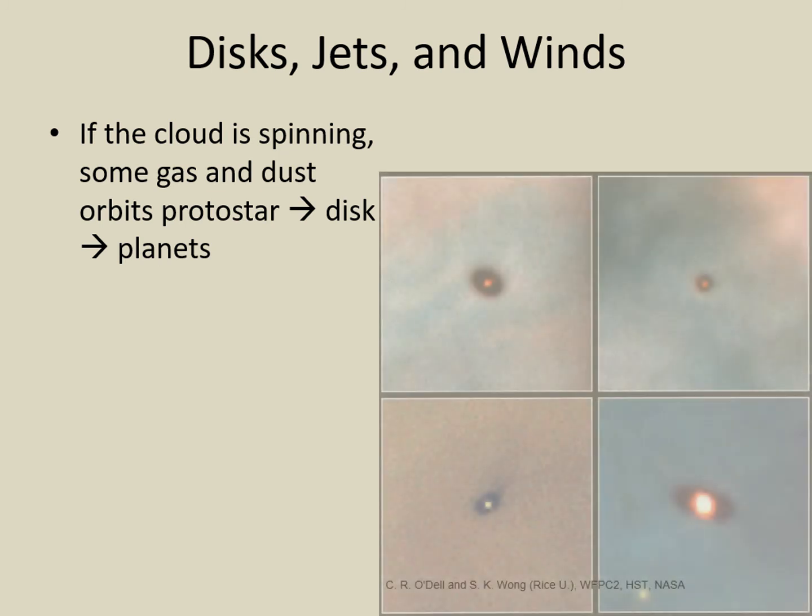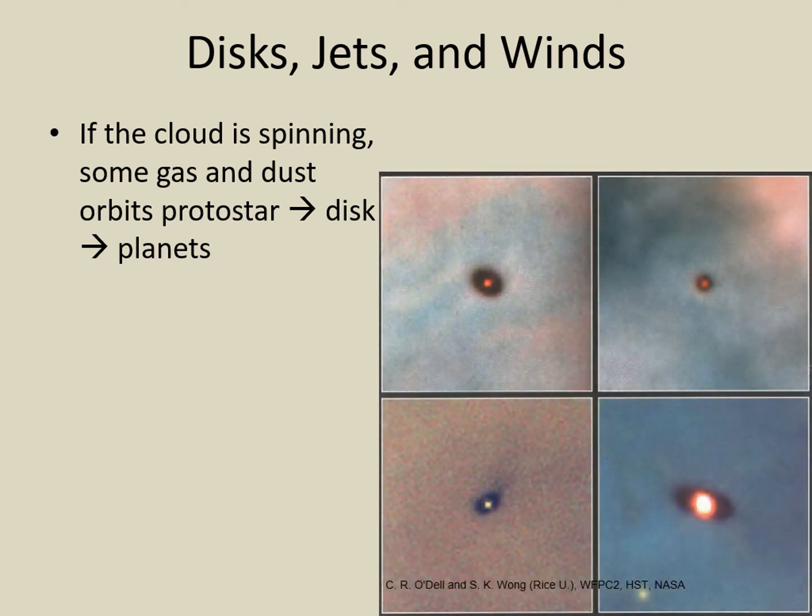By the time a protostar has formed, a lot of the gas will be in orbit, forming a disk around the star. You can see some of these disks around these protostars. Disks like this are the first step in forming planets. So the fact that many young stars have them was the first hint that planets may be very common in the universe.